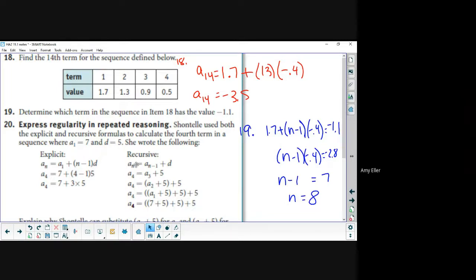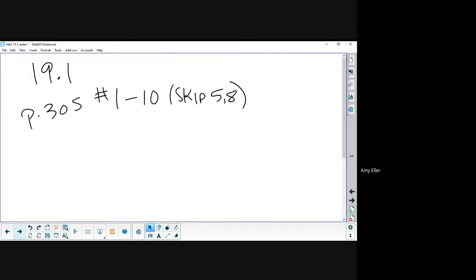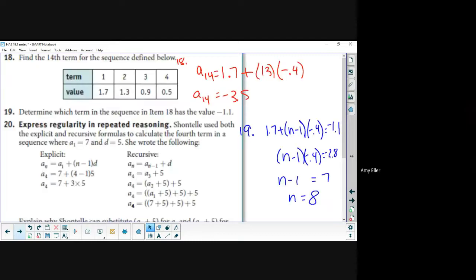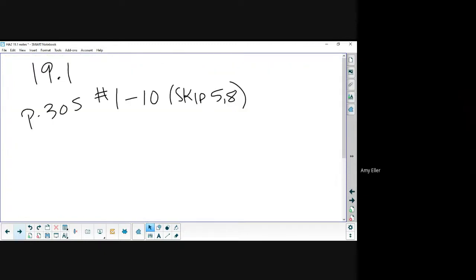Any questions on 18 or 19? Alrighty. There's your homework. What was the answer? N is 8, so the 8th term or negative 3.5 was 18. I can come look at it, or you can retype it in and see what happened.